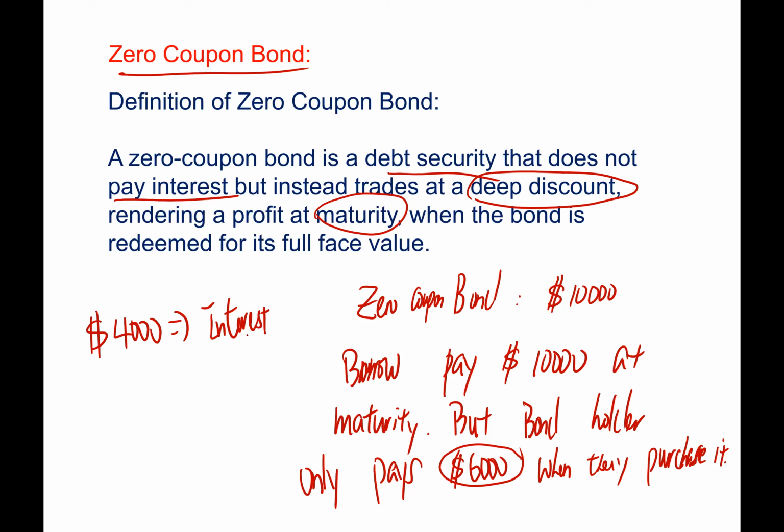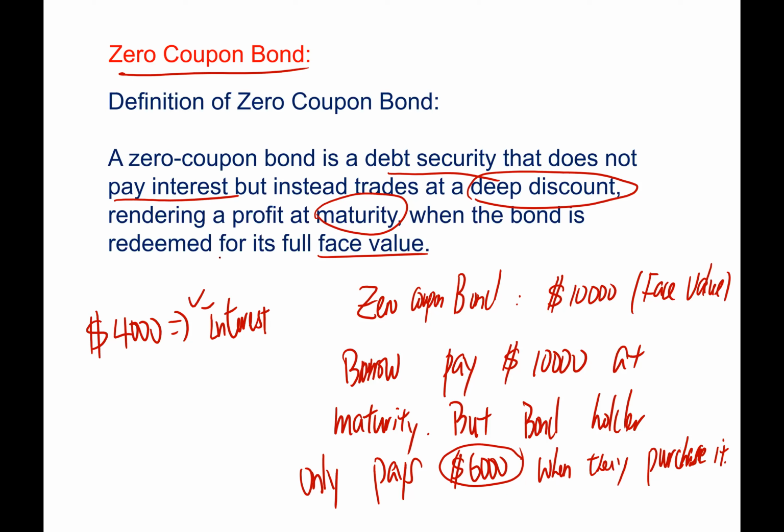The bond is redeemed at face value, which in this case is $10,000. Although they only pay $6,000 for the bond, they get $10,000 at maturity, let's say 10 years from now. The difference is the interest paid to the bondholder.